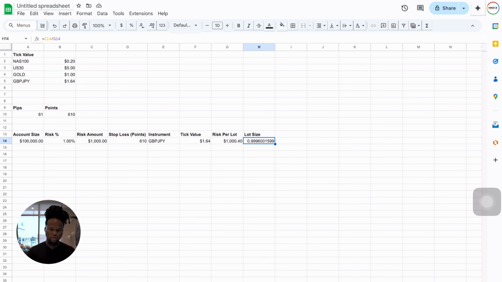You're going to have a lot size of 0.99 for this specific pair, or I could just keep the tick value at 1, or the tick value at 1.5, right? Let's just work with 1 for now because I think it is 1. I don't remember off the top of my head, but I think it is 1. But for all the other pairs, it's showing it's there. So this is for this specific pair.